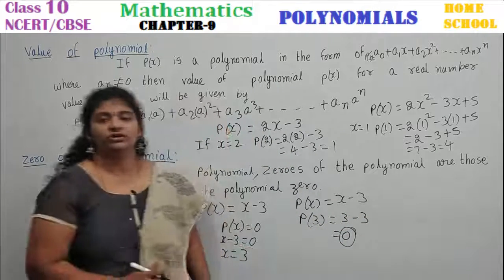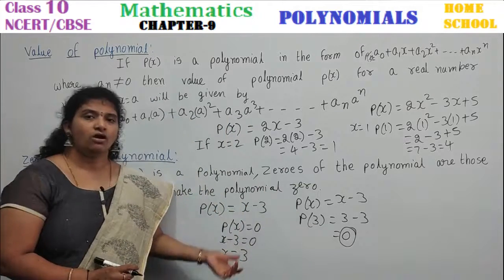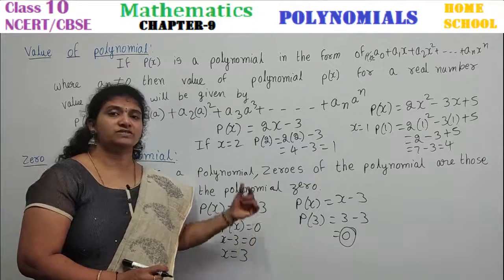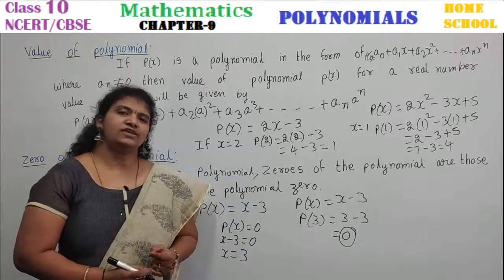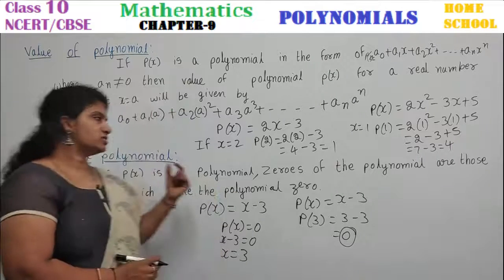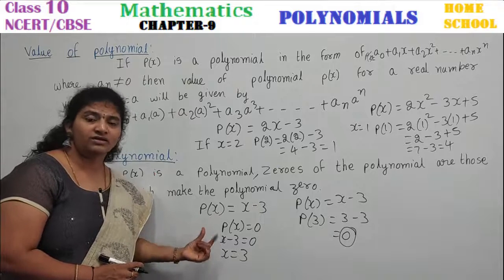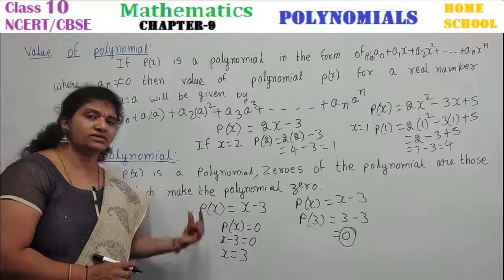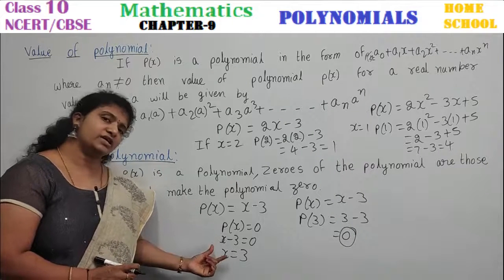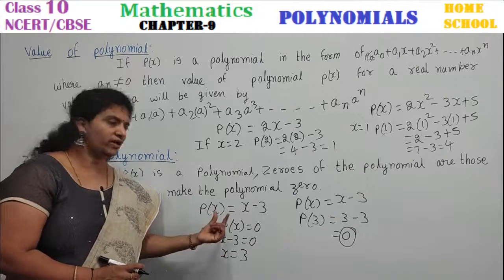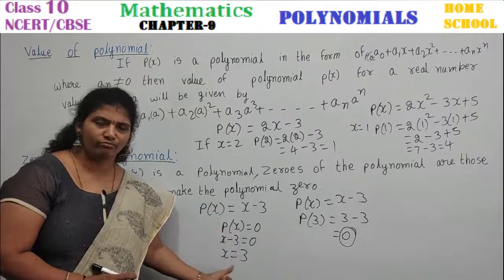So look here, the values you substitute in the polynomial to make the value 0 are called the zeros of the polynomial. So once again understand, the numbers which make the polynomial 0 are called the zeros of the polynomial. How can we get the zeros of a polynomial? When we equate the given polynomial to 0, we are going to get the zeros of the polynomial.